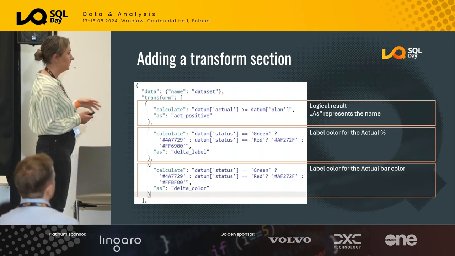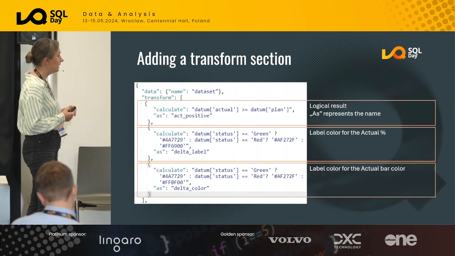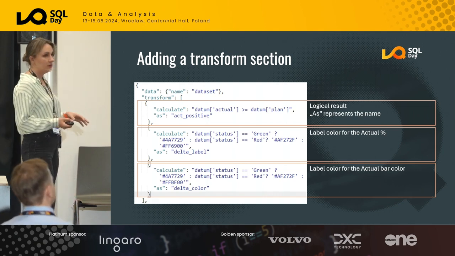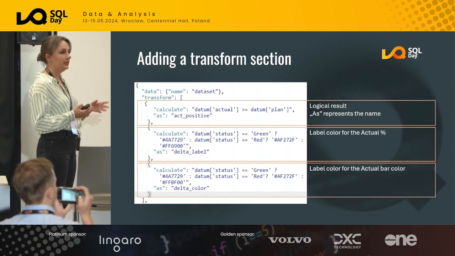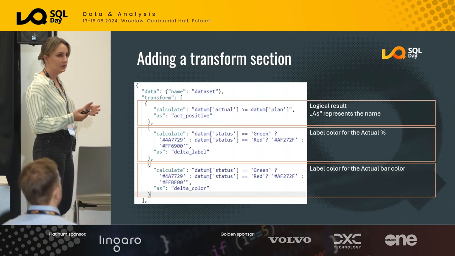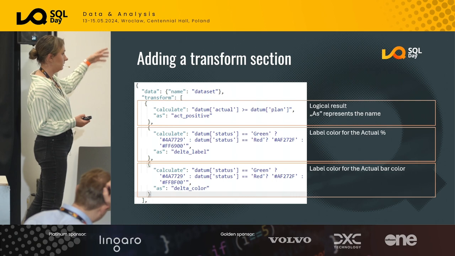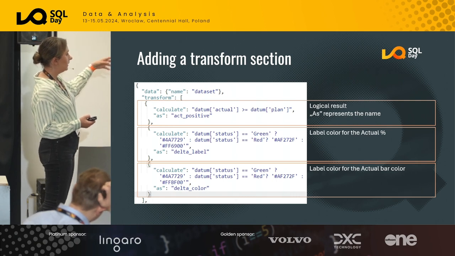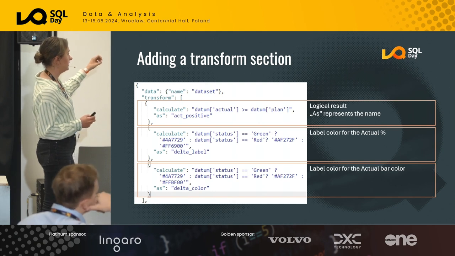The next part is adding a transform section. Here I would like to introduce a new concept, this transform section, which is not that difficult. You can think of it like in DAX, where you define the variables in the beginning of the code. So you have this transform section in the beginning of the Vega-Lite definition to define some conditions, let's say.